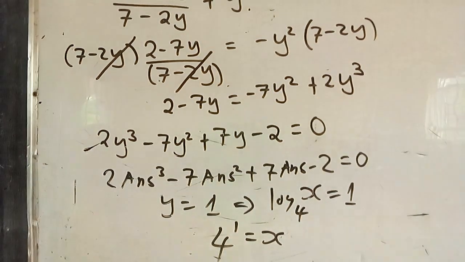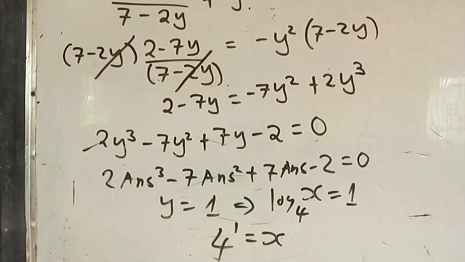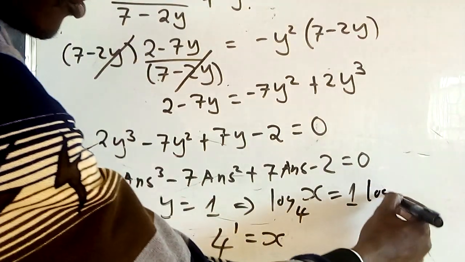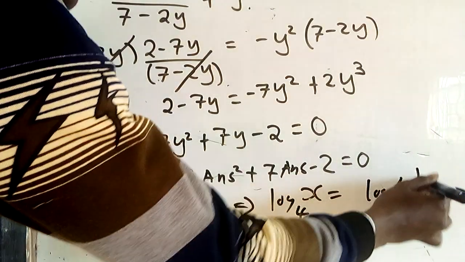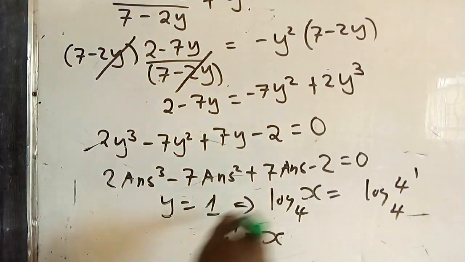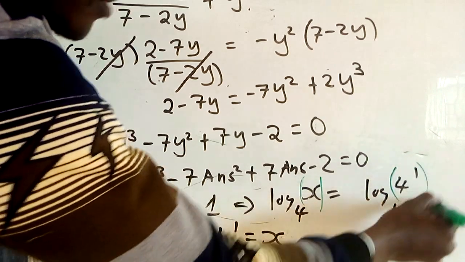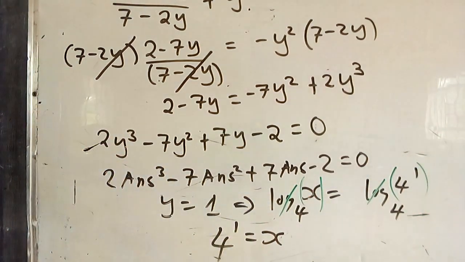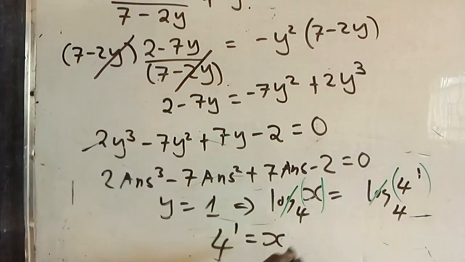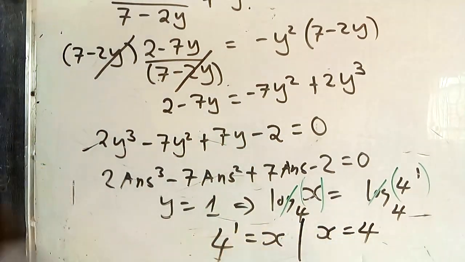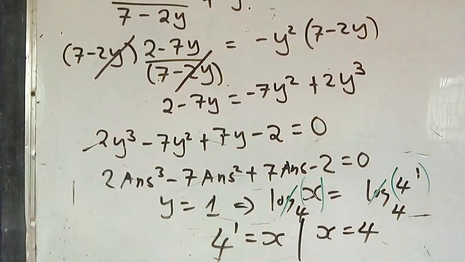Alternatively, you can introduce base 4 on the other side, so that the 1 becomes the power, then ignore the log to base 4 on both sides of the equation, and you end up with x equal to 4 raised to power 1, which is just 4. One solution is enough.